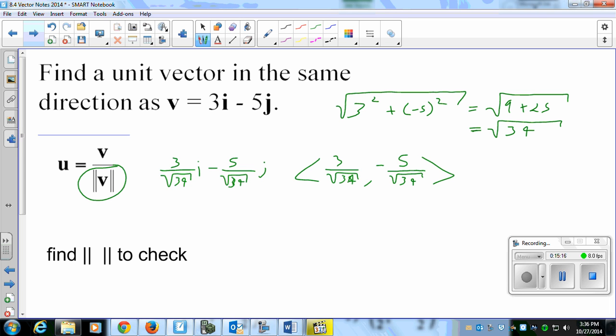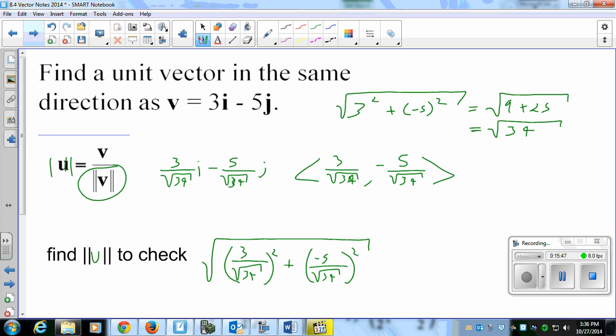So we can check and verify that this is indeed a 1-unit magnitude vector by finding the magnitude of our unit vector. So we can do 3 over square root of 34 squared plus negative 5 over square root of 34 squared, square rooted. Well, I get 3 squared is 9 over 34.